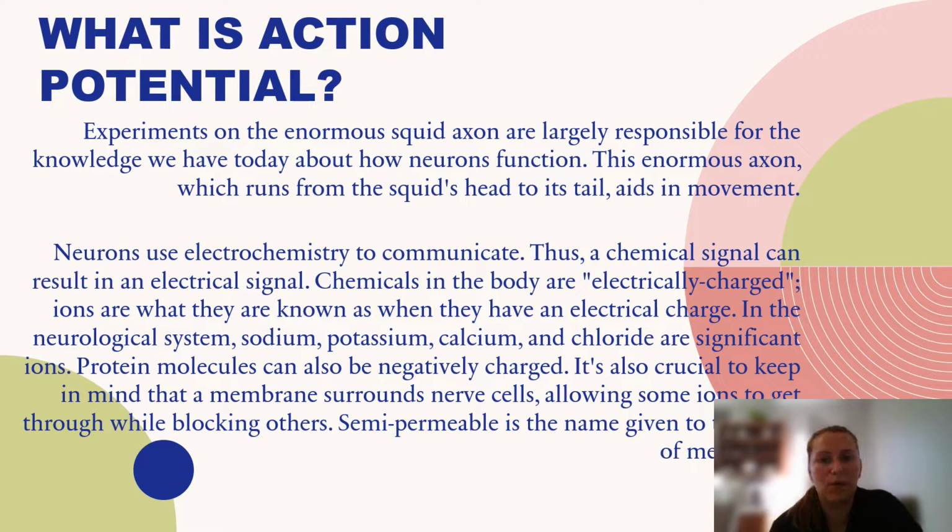It is also important to remember that nerve cells are surrounded by a membrane that allows some ions to pass through and blocks the passage of other ions. This type of membrane is called semi-permeable.